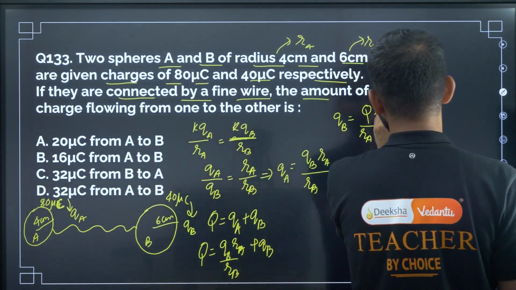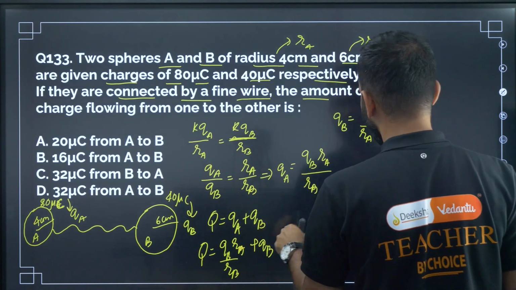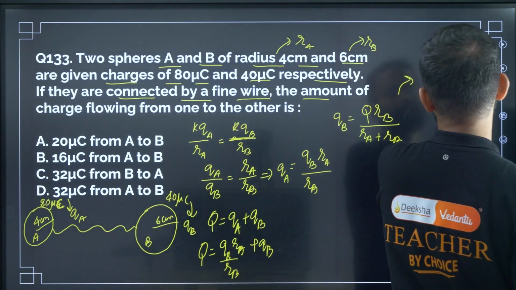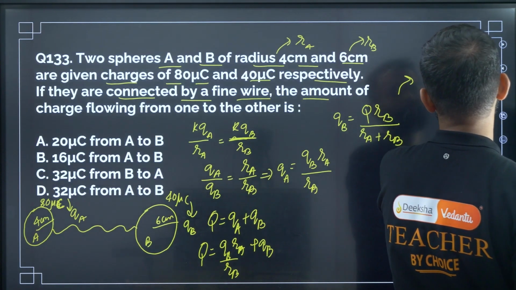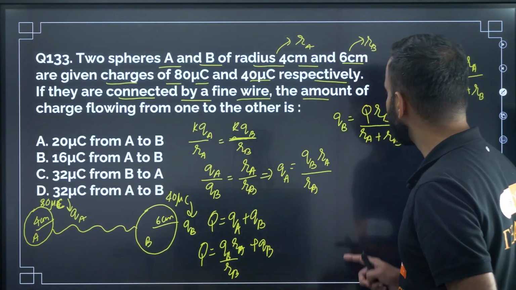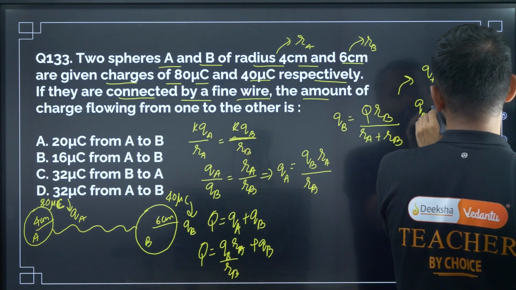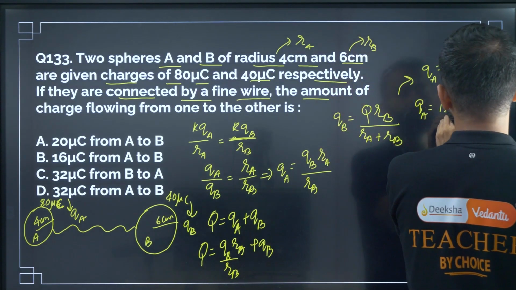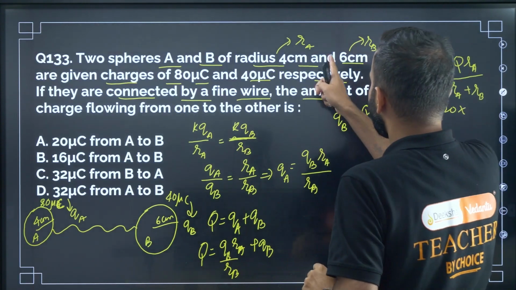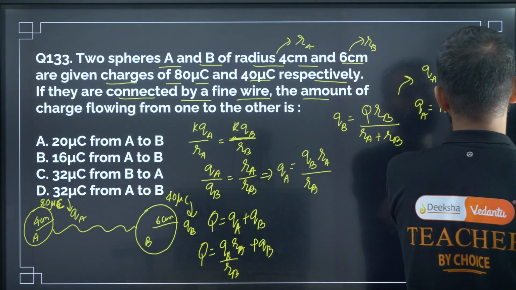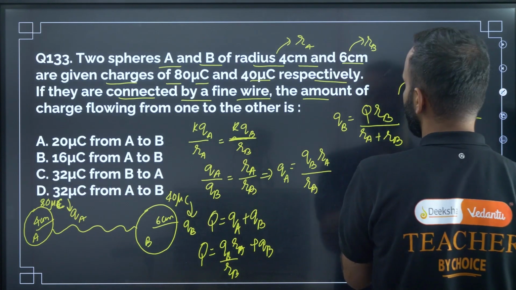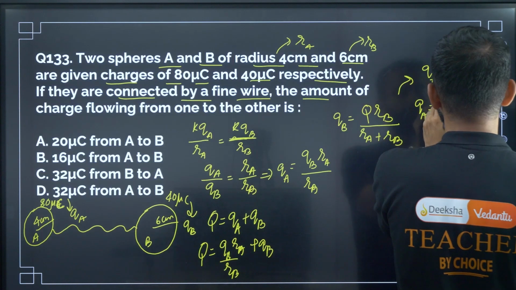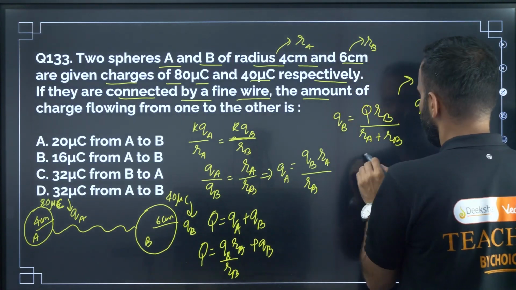Similarly, if you follow the same method, then you will get QA is equal to Q into RA divided by RA plus RB. So now substitute the values. Here QA is equal to, capital Q is 120 microcoulomb, that is initial total charge. So 120 into RA is 4 centimeter, so 120 microcoulomb into 4 centimeter divided by RA plus RB 10 centimeter. Centimeter will get cancelled.